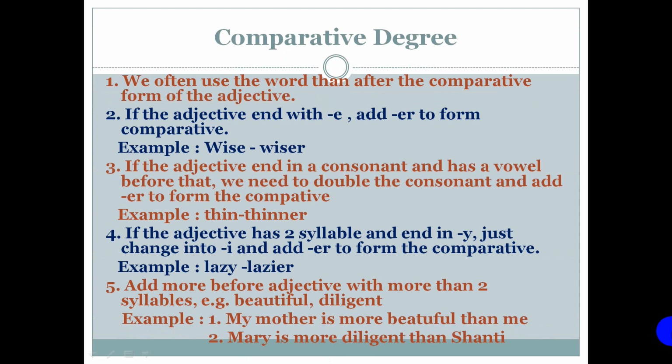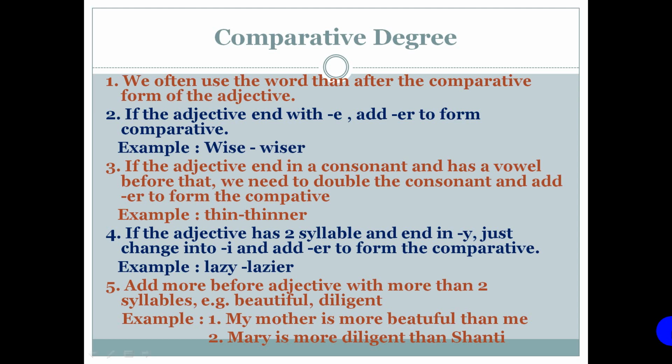If the adjective ends in e, add er to form the comparative. Example, wise becomes wiser. If the adjective ends in a consonant and has a vowel before it, we need to double the consonant and add er to form the comparative. Example, thin becomes thinner.